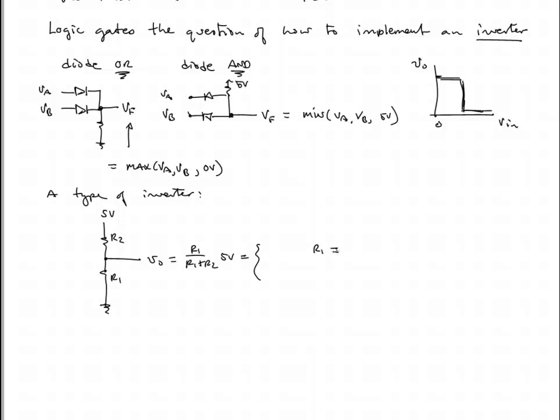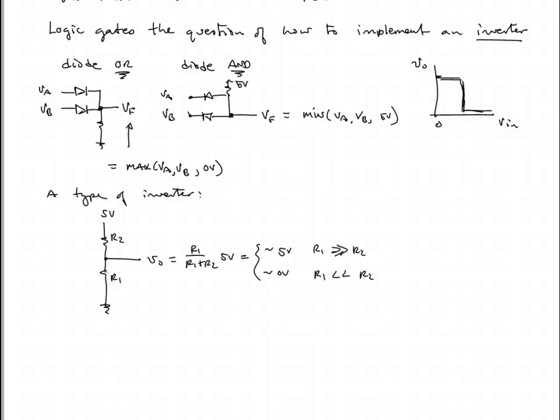What if R1 was much, much greater than R2? Then this ratio, R1 over R1 plus R2, would be approximately just R1 over R1. So we'd have approximately 5 volts. And if R1 was much, much less than R2, then we would have R1 over R2 approximately, and R2 being much larger would mean that V out was approximately 0 volts.